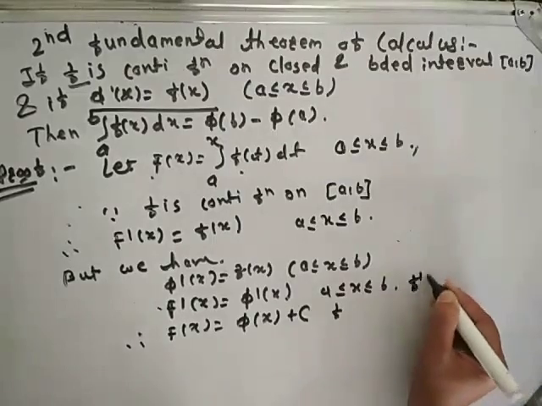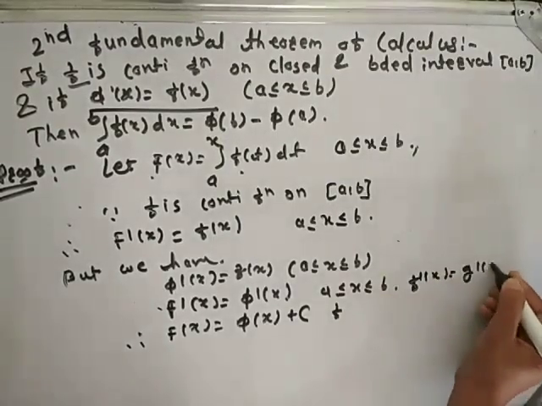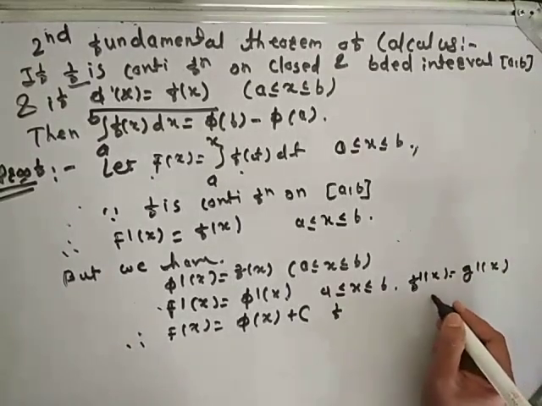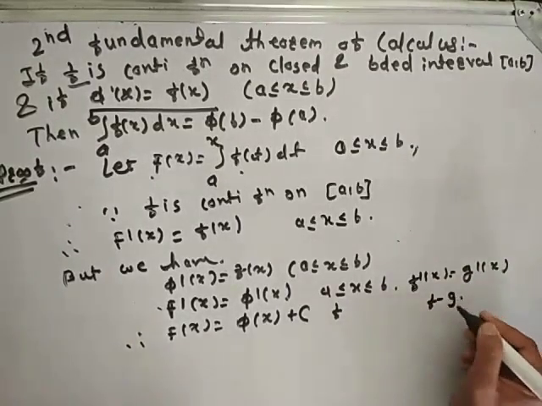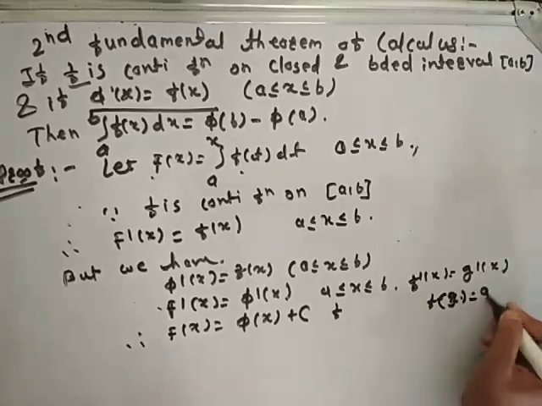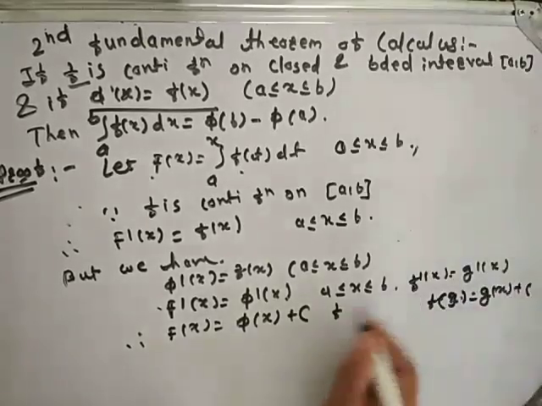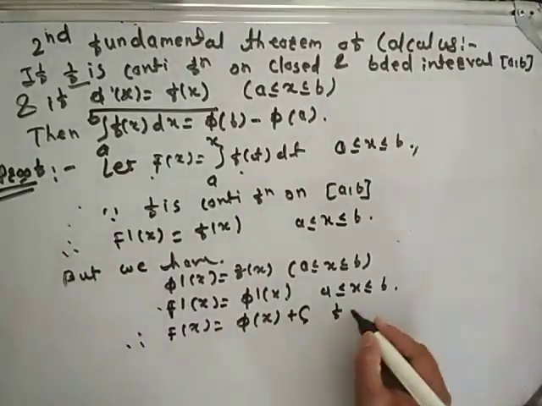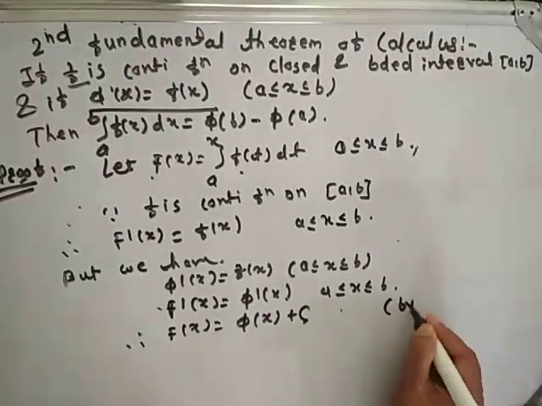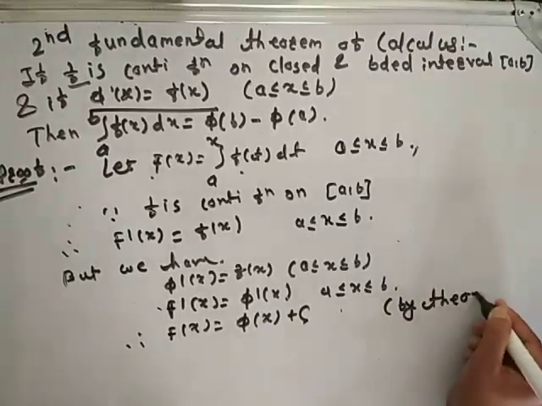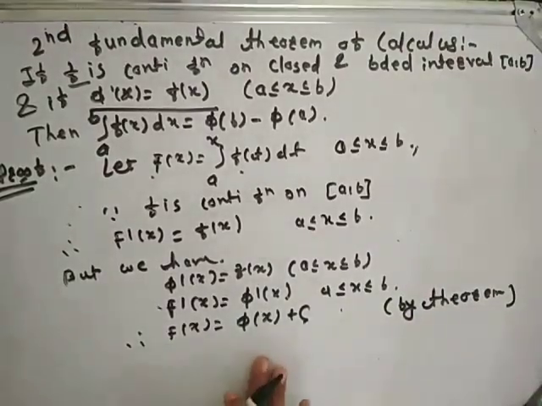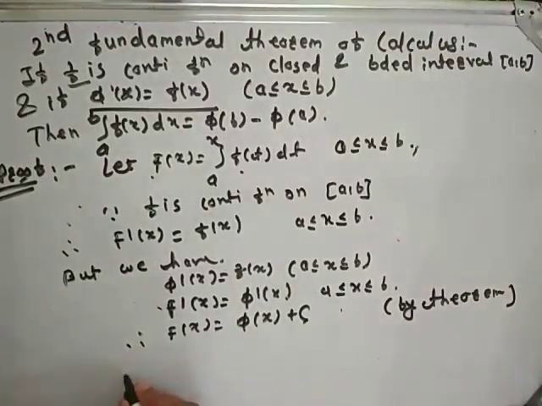That theorem is, if f dash of x is equal to g dash of x, then f minus g, means then f of x is equal to g of x plus c. This is by this theorem. So we will get capital F of x is equal to phi of x plus c, for some c belongs to R.